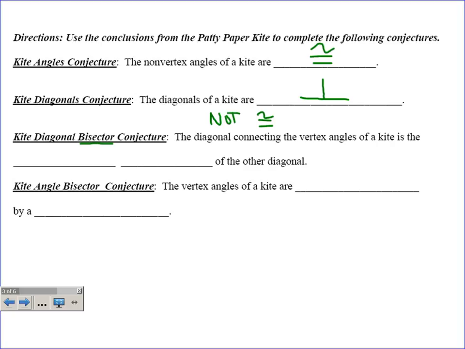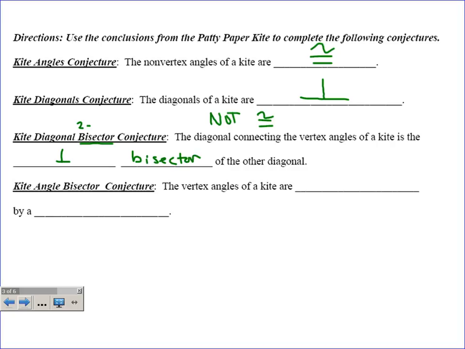Yeah, it cuts them in half, right? Remember, bi means two, sector means like two sections. So it's going to cut it into two exactly the same pieces. So what we're actually going to call this is a perpendicular bisector of the other diagonal.